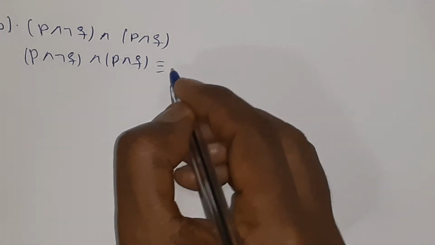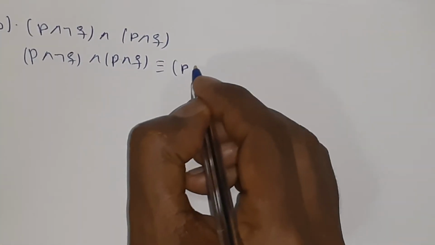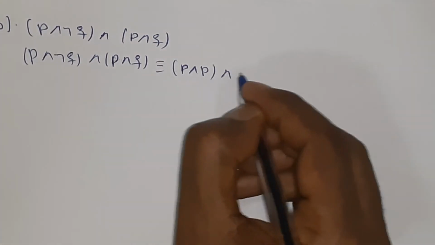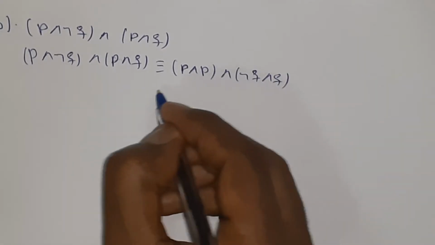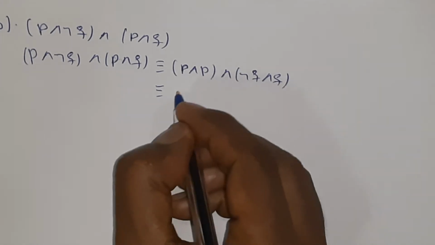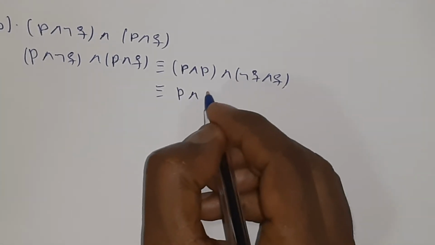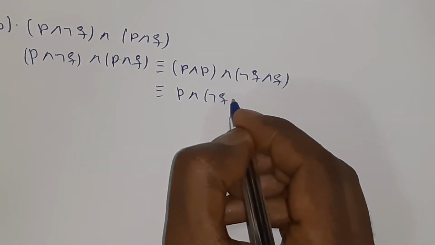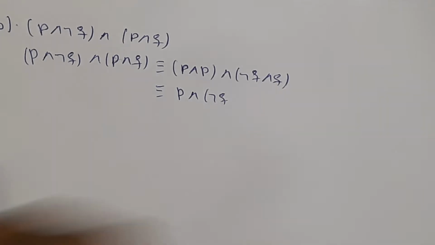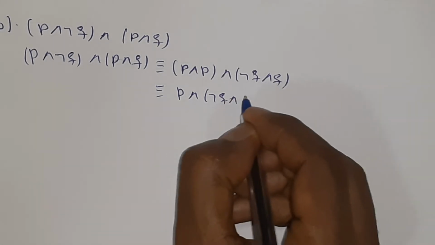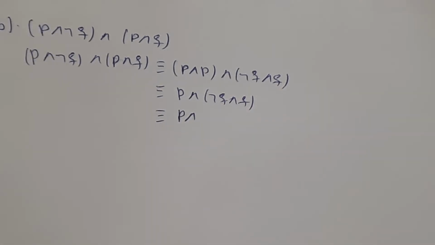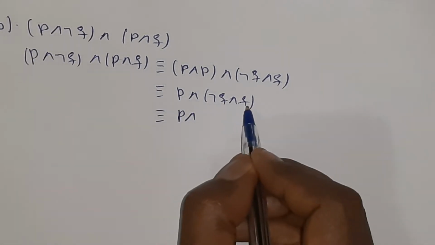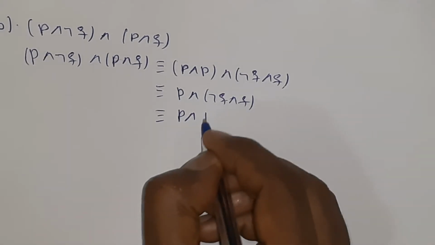I mean, this is P and P and negation of Q and Q. They are equivalent with P and P is P, and negation of Q and Q, which is equivalent with P and negation of Q and Q is false.